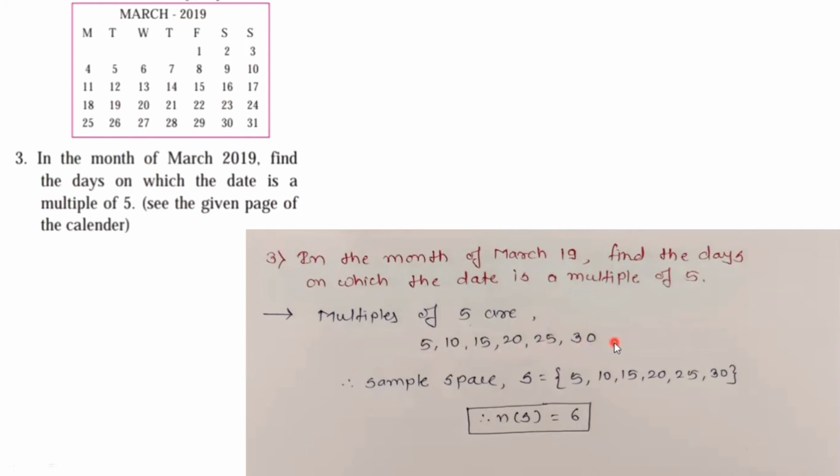We cannot take 35 because in a month we have a maximum of 31 days. So the sample space is {5, 10, 15, 20, 25, 30}. There are 6 days in the month of March 2019 which are multiples of 5. That's why the number of sample points is 6, that is n(S) is equal to 6.